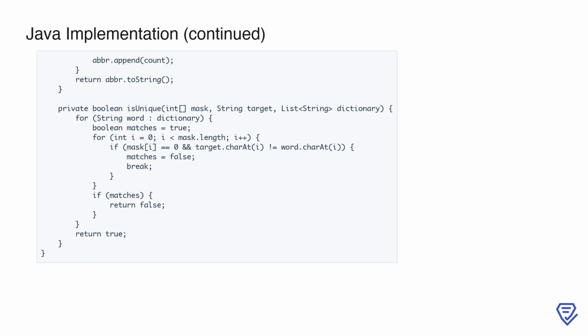If any mismatch is found, we can immediately conclude that the abbreviation does not conflict with that word. However, if all characters satisfy this condition, the abbreviation is deemed non-unique, and the function returns false. If no conflicts are found with any word in the dictionary, the abbreviation is confirmed to be unique, and the function returns true. This ensures that the generated abbreviation is both minimal and valid.